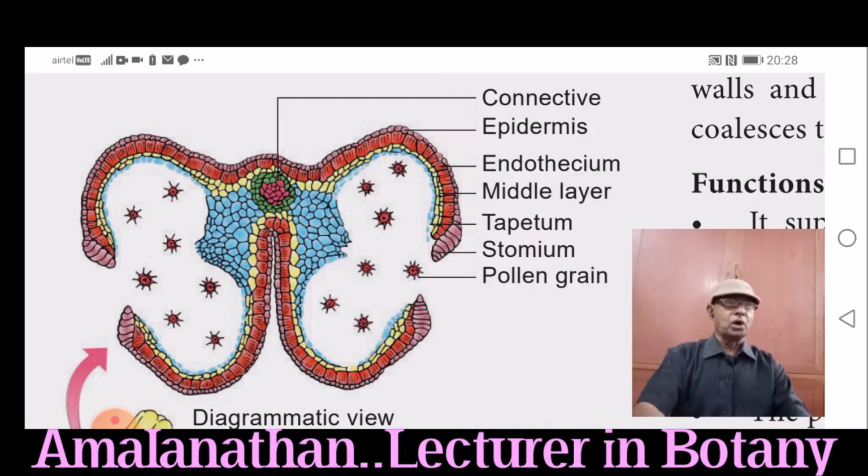Pollen kit is common in insect pollinated flowers. It facilitates pollen dispersal. So that's all about today's topic.